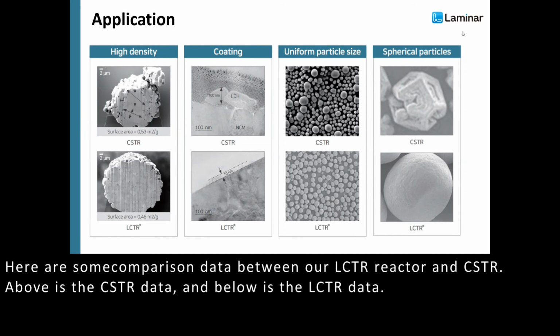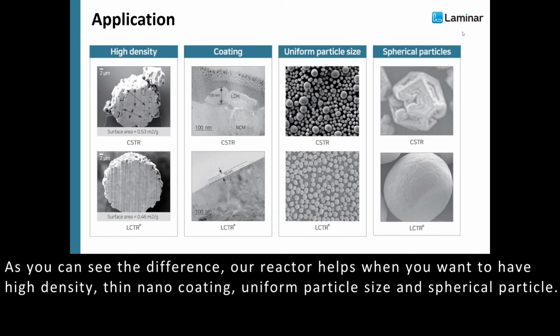Here's some comparison data between our LCTR reactor and CSTR. Above is the CSTR data, and below is our LCTR data. As you can see the difference, our reactor helps when you want to have high density materials, thin nanocoating, uniform particle size, and spherical particles.